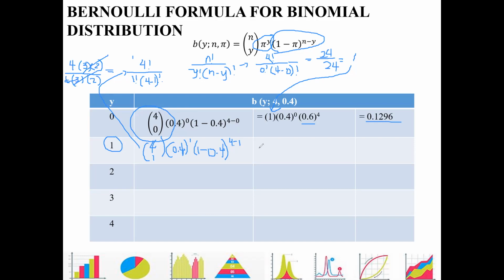Ang sagot is 4. 0.4 raised to 1 and then 0.6 probability of failure, 0.6 raised to 3. So, ano sagot dito? 0.3456 po. 0.3456. Okay, question. Question ba?